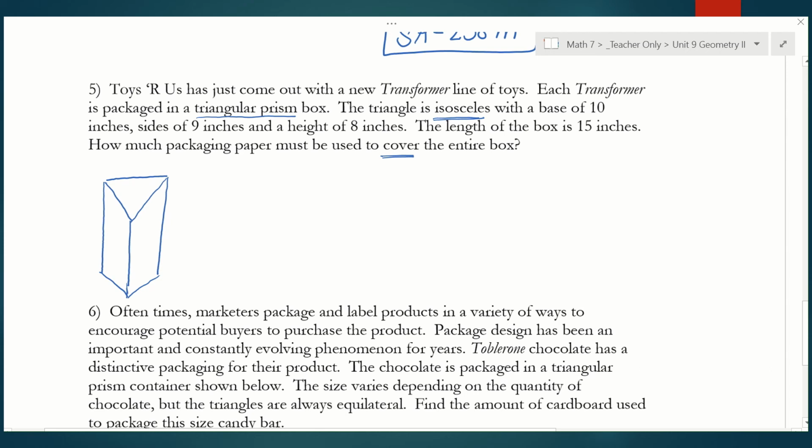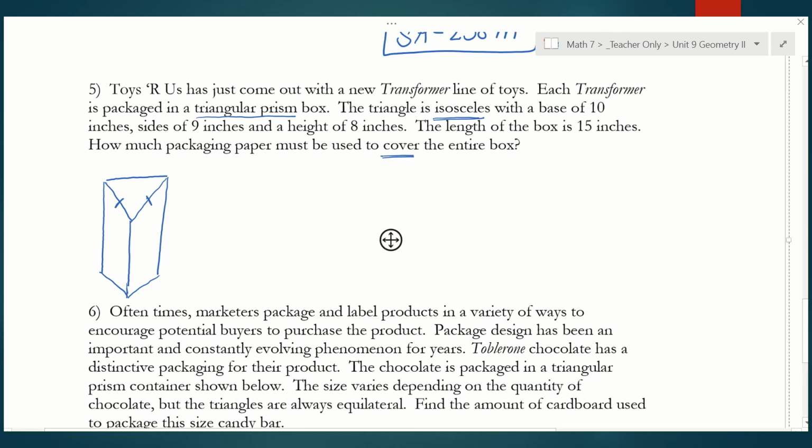Okay, and they tell me that it's an isosceles triangle for the base. So what does that mean? It means that 2 of the sides of my triangle are the same. So I'm just going to say this side and this side are the same. Okay. So it's an isosceles triangle with a base of 10 inches, sides of 9 inches, and a height of 8.